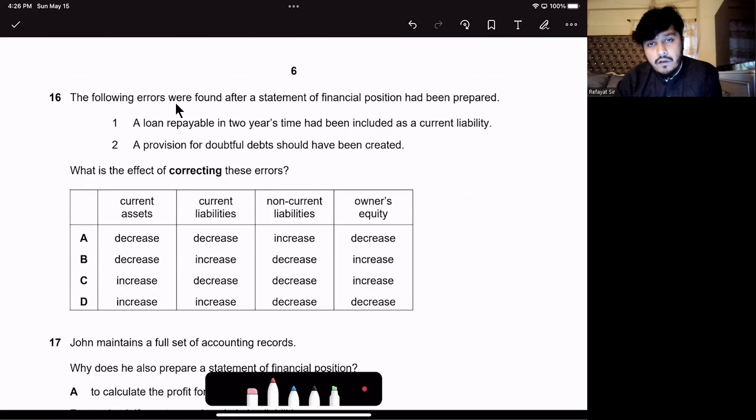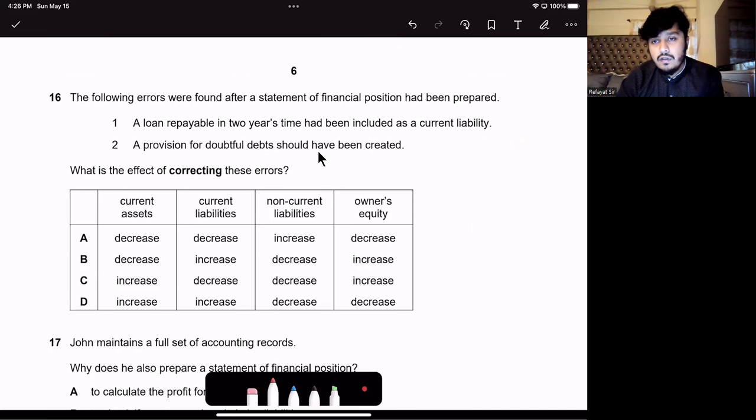16. The following errors were found after a statement of financial position had been prepared. A loan repayable in 2 years' time had been included in the current liability. This loan was supposed to be a non-current liability.